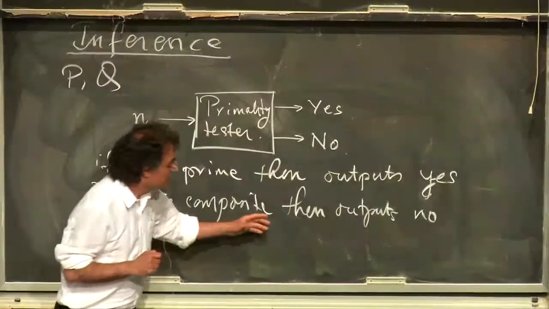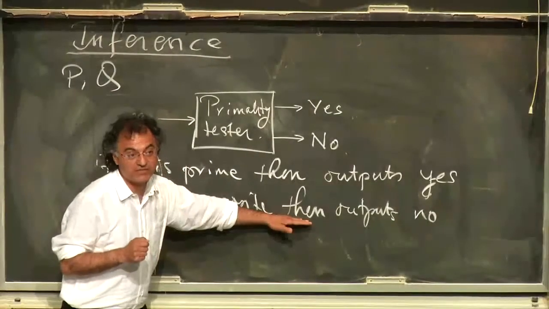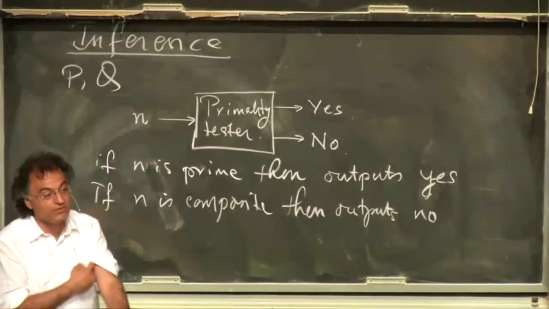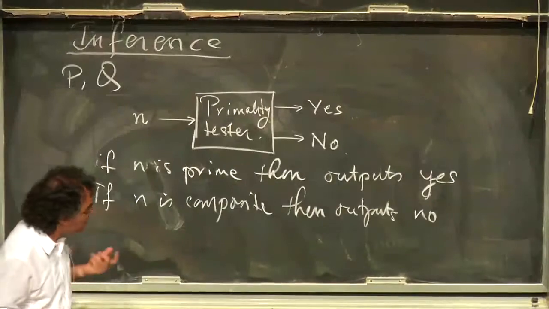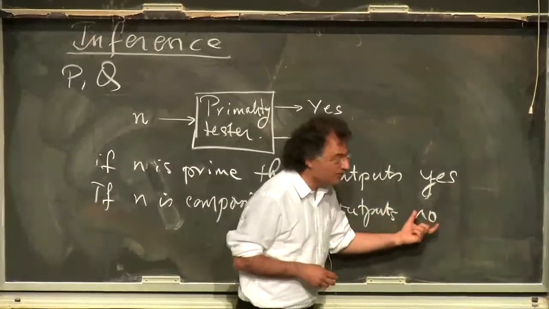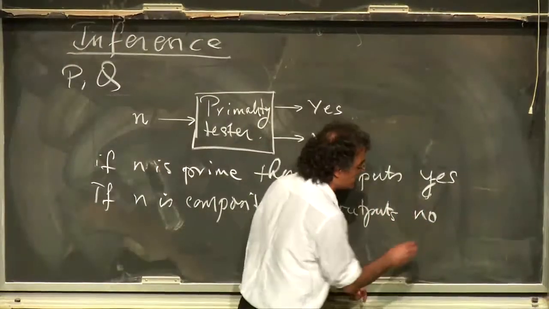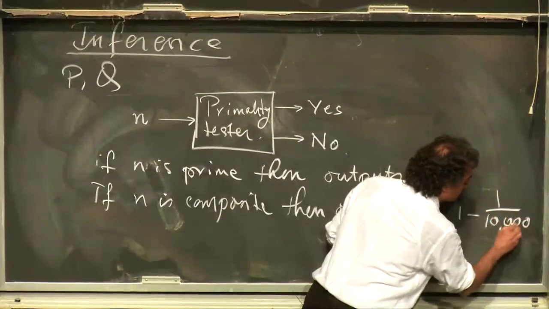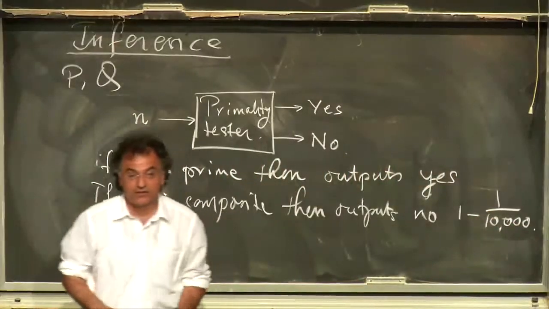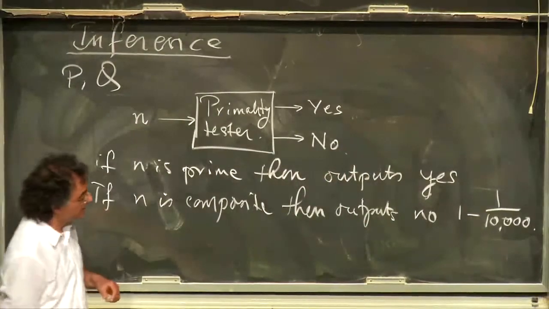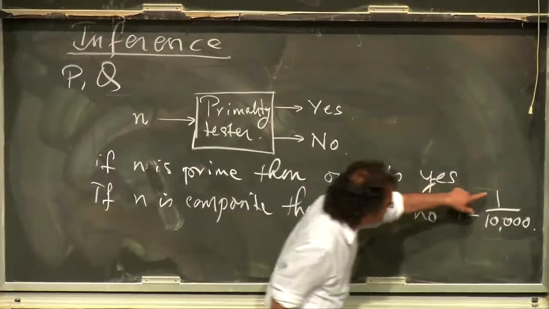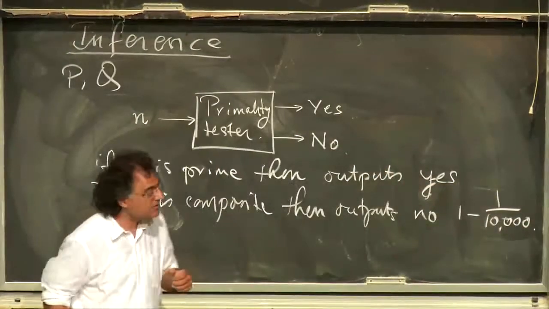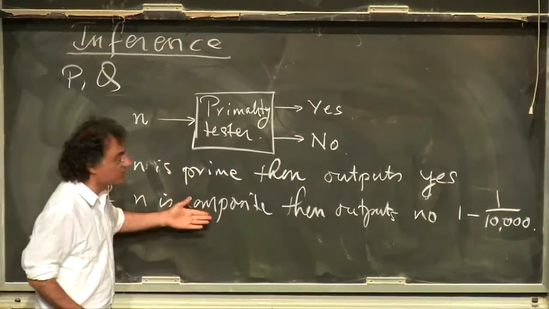So it outputs no with some probability, which depends upon how long you let it run. So you can tune the probability. But let's say that you tune it so that the probability it answers no is 1 minus 1 over 10,000. That's a pretty small chance of error. Now, of course, you don't know whether n was prime or composite.